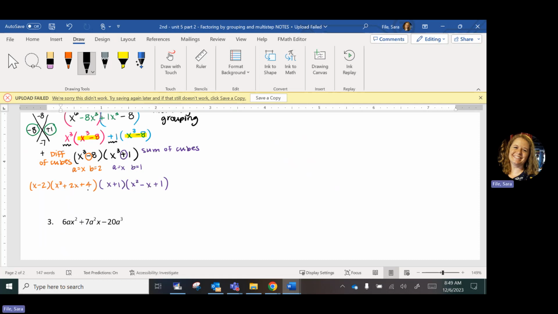So 4 and 1 or 2 and 2? Would either of those add to 2? No. Okay. Are there any factors of 1 that would add to -1? And the answer is no. But anytime you end up with a trinomial, you can always ask yourself that. You can check to see, oh, can I factor that any further? In this case, you cannot.